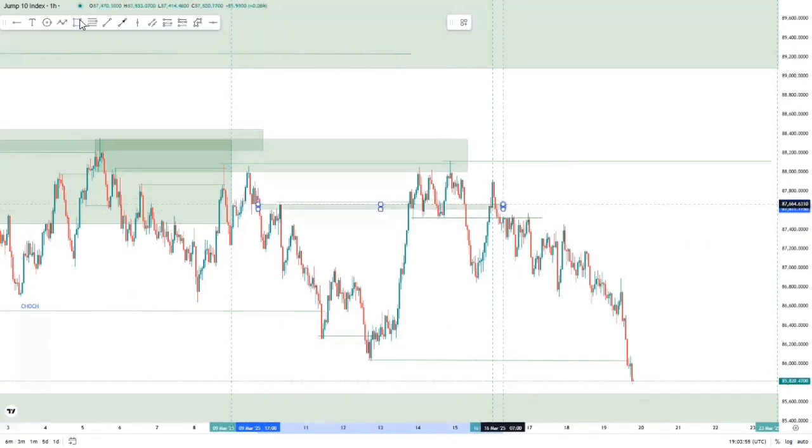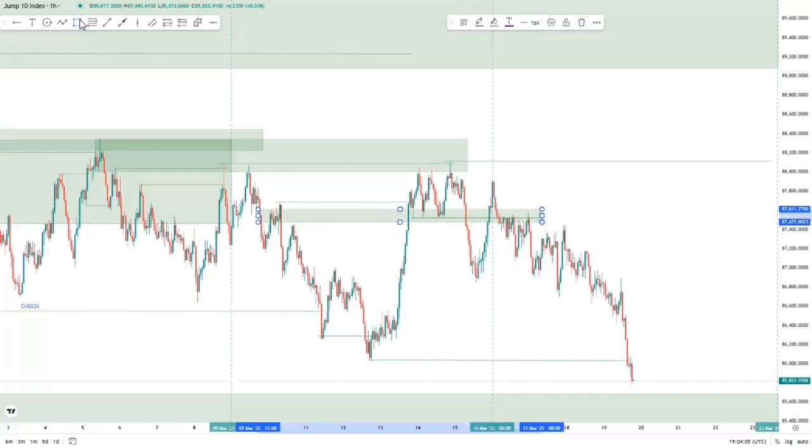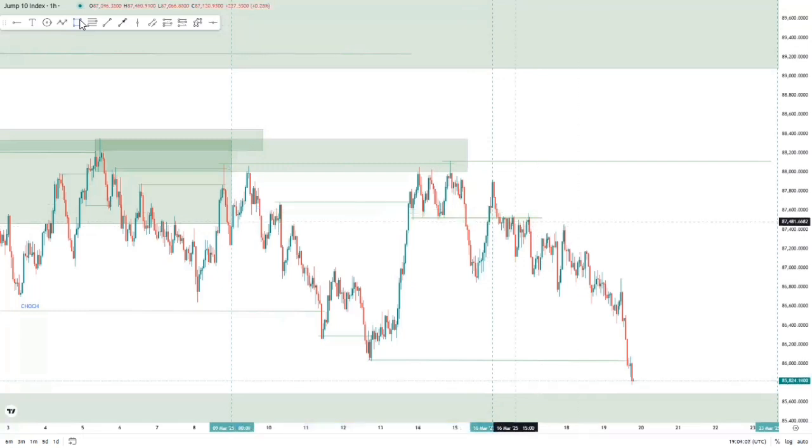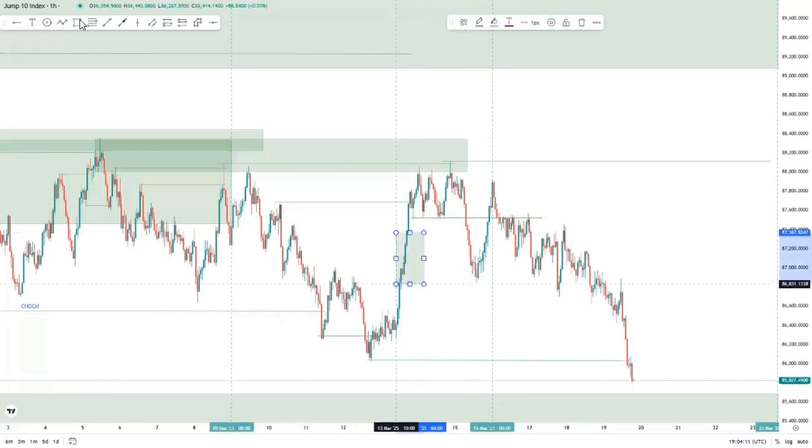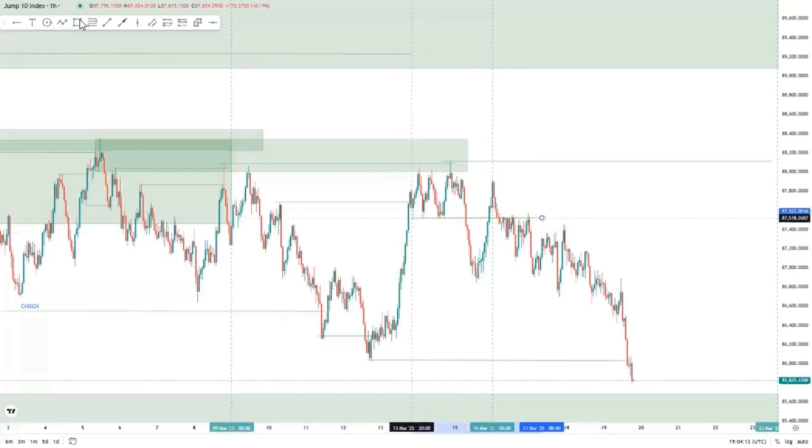This zone here was the demand zone. And we broke it here, and we come back, you see, guys. So we are marking the market structure on the 1 hour time frame now.